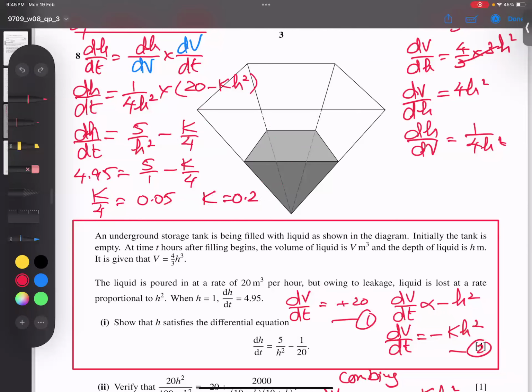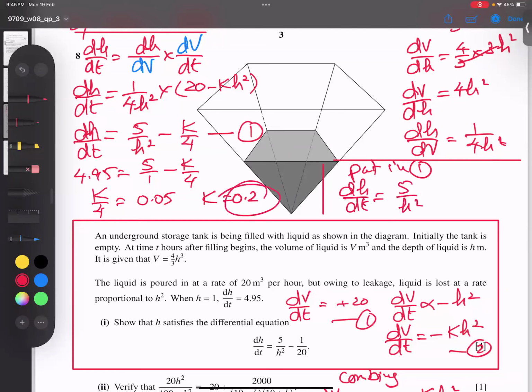And 0.2, I'm going to plug in here. This is equation number 1, and I'm writing here, put in 1. So dh by dt is 5 by h squared as it is. When I copy this 0.2 here, 0.2 by 4.